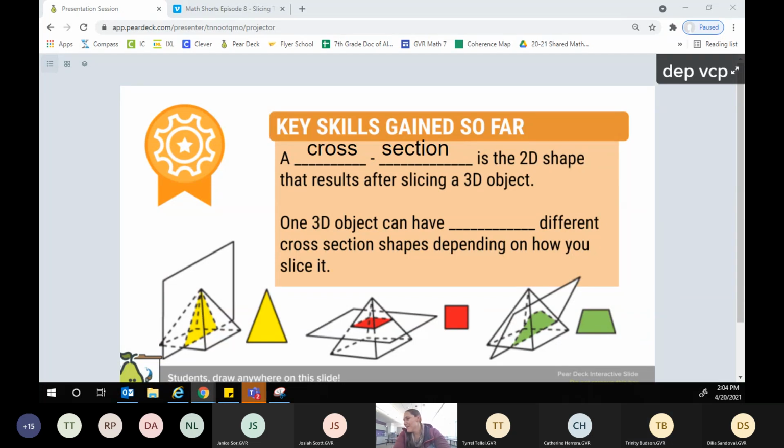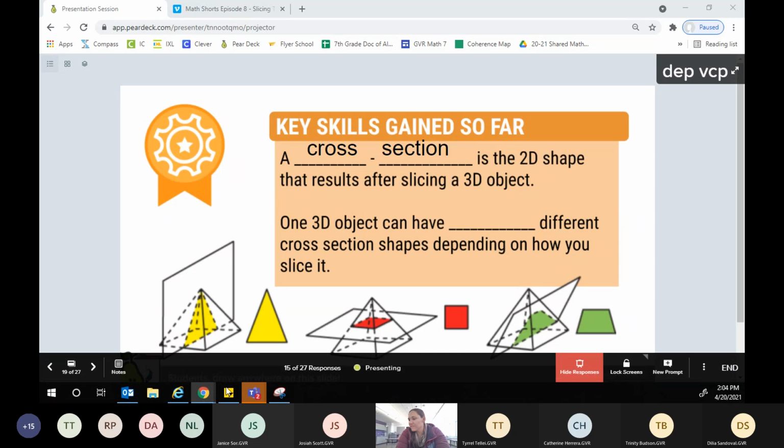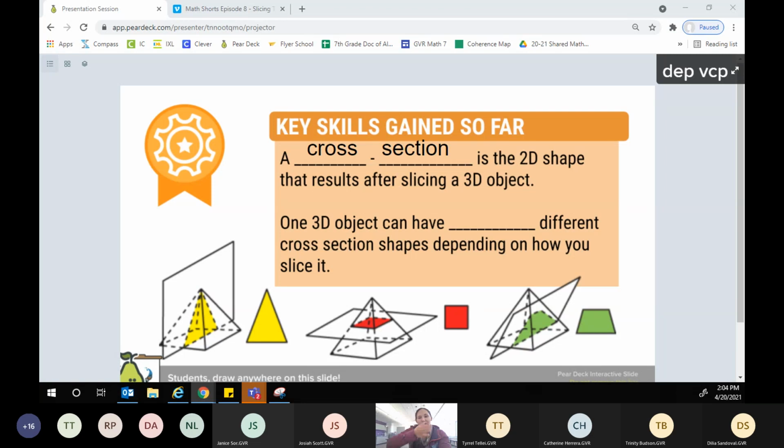All right, next up. This is something really cool that happens with cross sections: if you start with the same 3D shape, so if you look at this example, these are all pyramids, right? And they all have a square base, so they're all square pyramids. But they have different cross sections because they have different slices. So one 3D object can have multiple different cross section shapes depending on how you slice it.